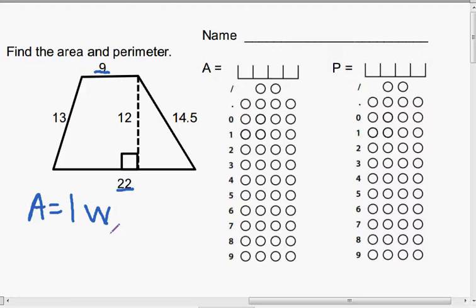To get my length, I do 1/2 times 9 plus 22, and my width then is the height. Sometimes we talk about base and height with trapezoid. We average the bases.